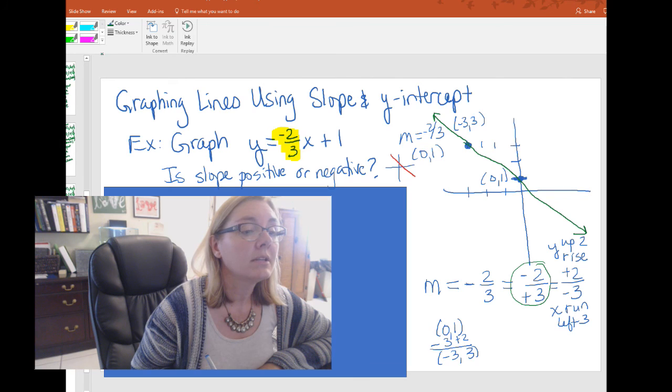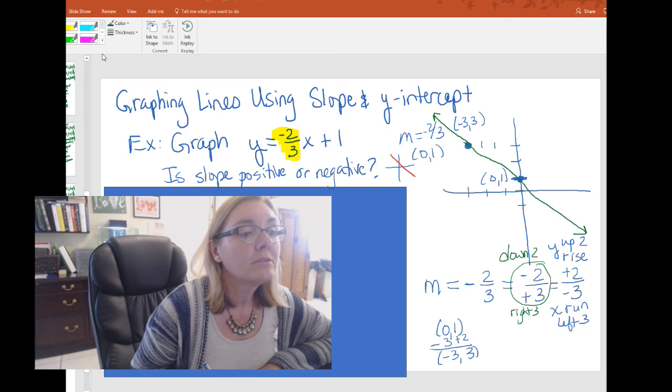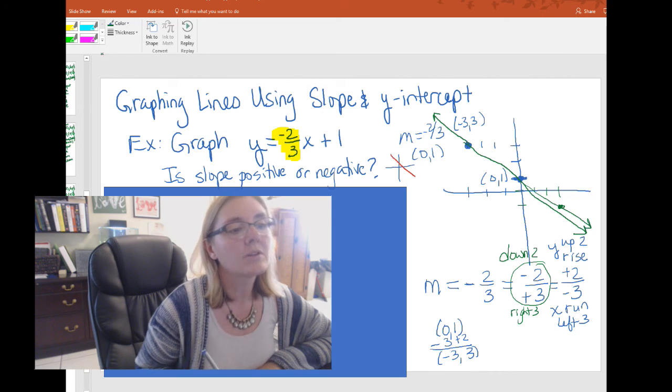This would mean that our rise is down 2, and our run is to the right 3. If I go down 2 and to the right 1, 2, 3, I'm supposed to be there with my line. My line was a little bit off. It should have gone more like that.